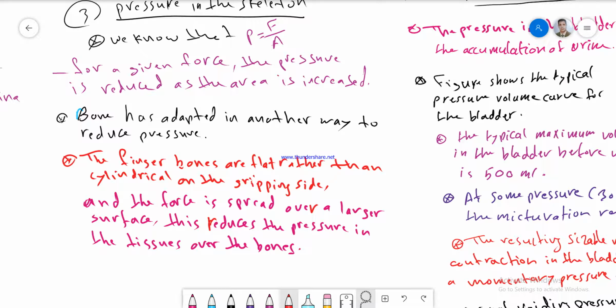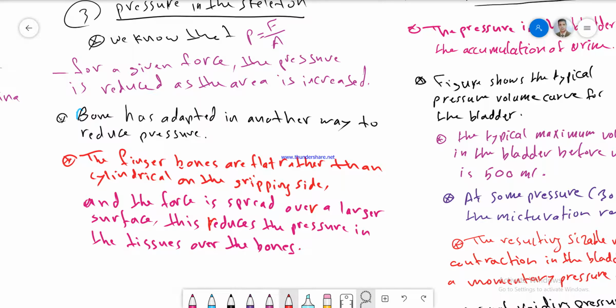For a given force, the pressure is reduced as the area is increased. Bone has adapted in this way to reduce pressure. The finger bones are flat rather than cylindrical to reduce pressure in the tissue over the bones.